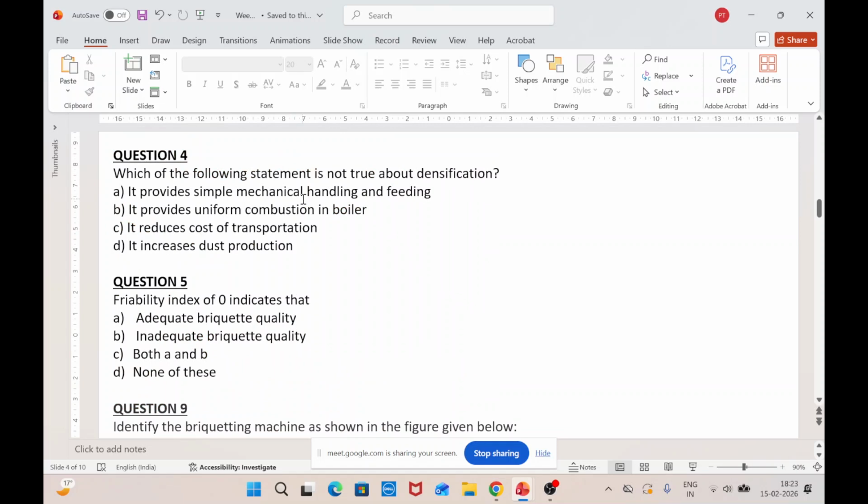Okay. So let me put forward the next question. Which of the following statements is not true about densification? It provides simple mechanical handling and feeding. It provides uniform combustion in boiler. It reduces cost of transportation. It increases dust production.